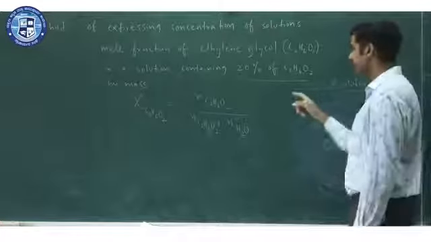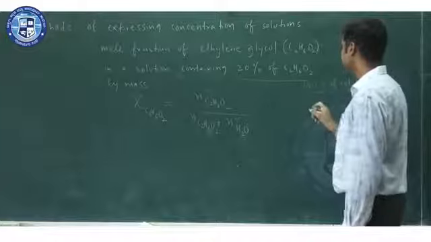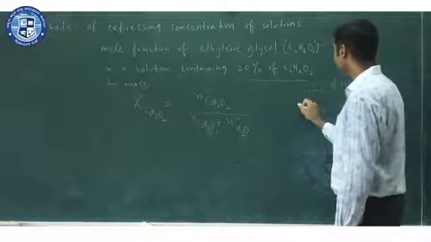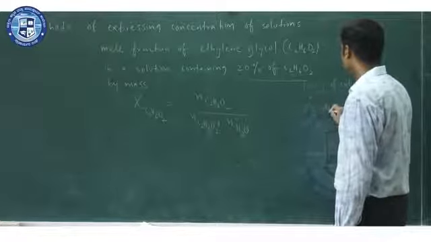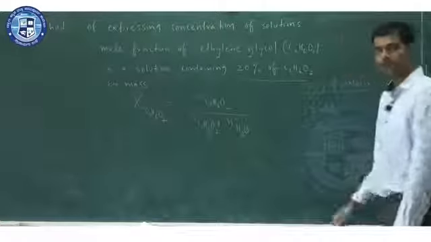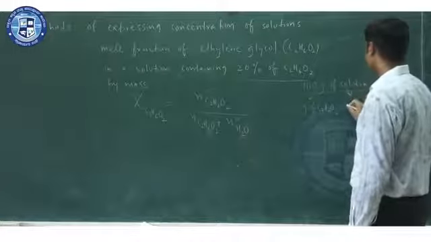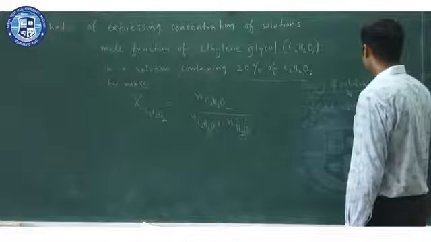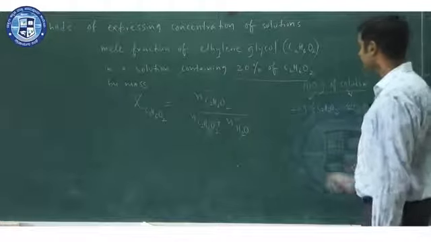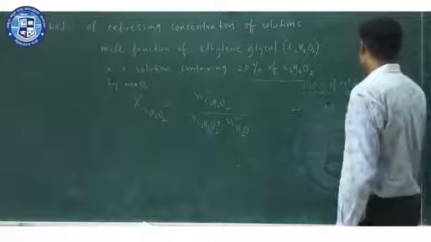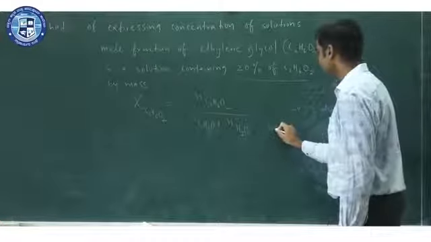Out of 100 grams, 20% of it, which will be 20 gram, is ethylene glycol, C2H6O2, whereas the remaining component will be water, 80 gram of water. So I've got the mass of ethylene glycol and mass of water.